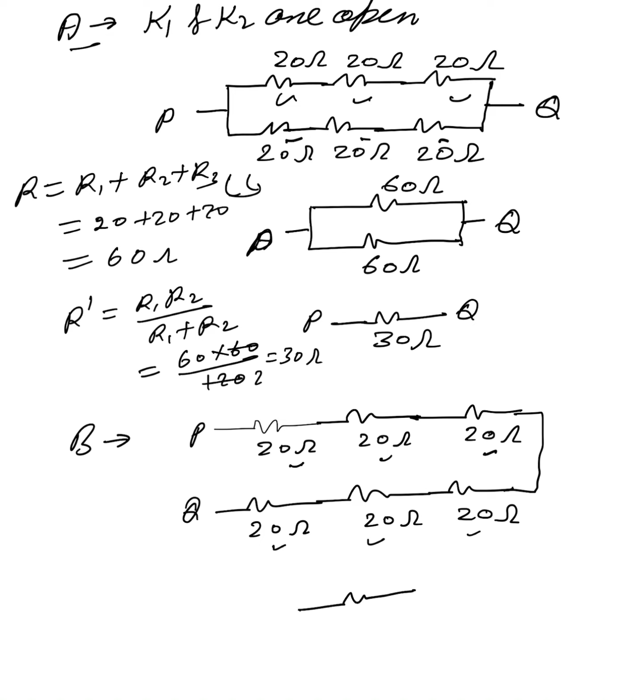These six resistances are in series. So between P and Q, finally, the sum of all resistances.